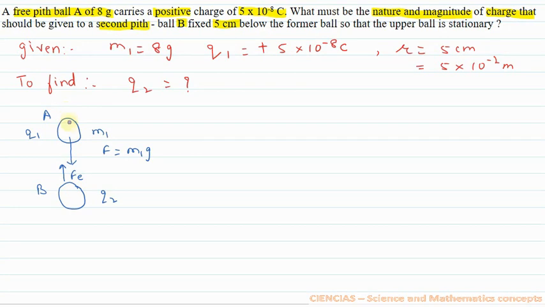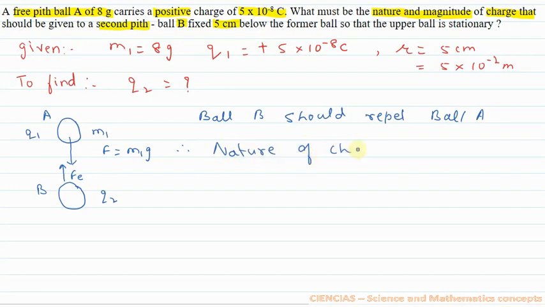So ball B should repel ball A. Therefore, the nature of charge on ball B should be positive.